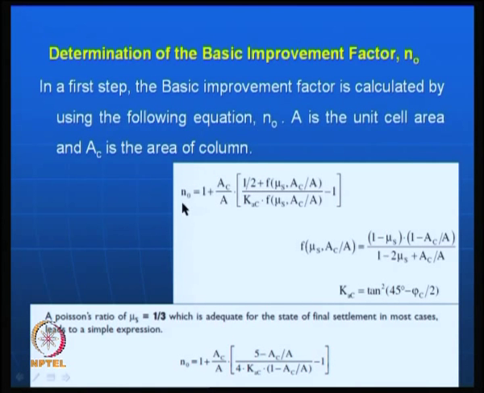The basic improvement factor is given by a simple expression, and we assume a Poisson's ratio of 1/3, like 0.33. The expression is simple: how much of the area is being replaced and how much lateral pressure is developed because of the stone column placement.